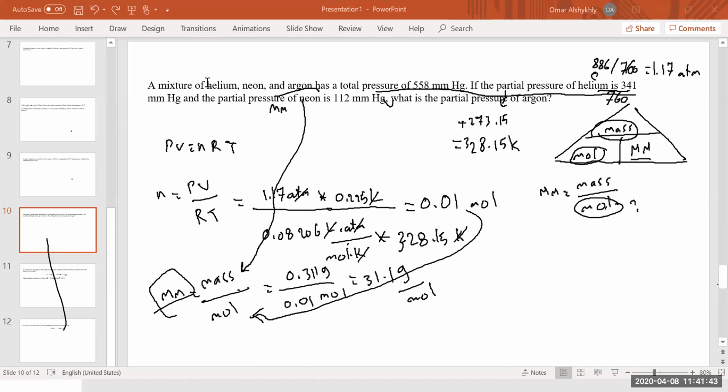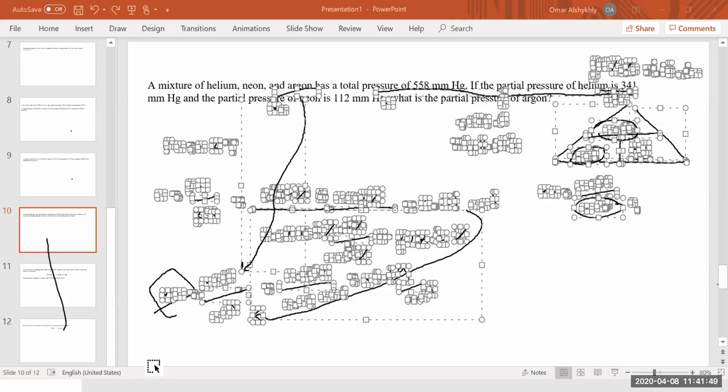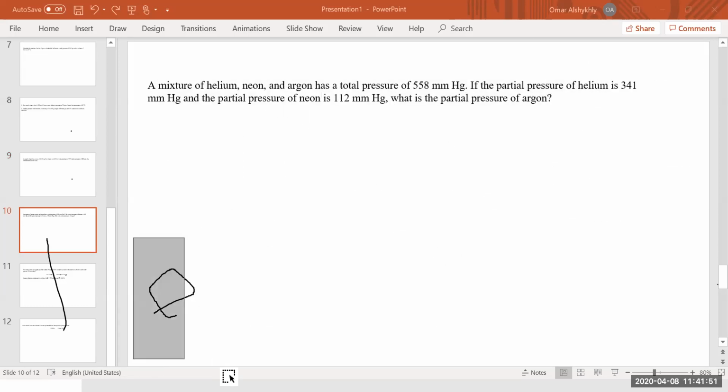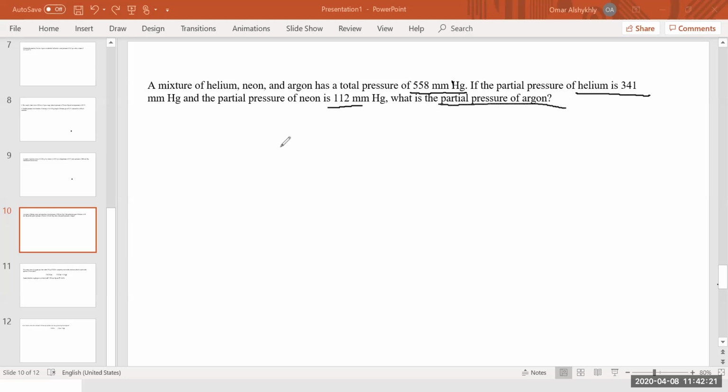Okay, so let's see what we have here. A mixture of helium, neon, and argon has a total pressure of 558 millimeter mercury. If the partial pressure of helium is 341 and the partial pressure of neon is 112, what is the partial pressure of argon?